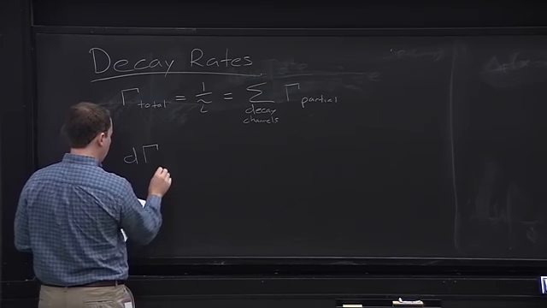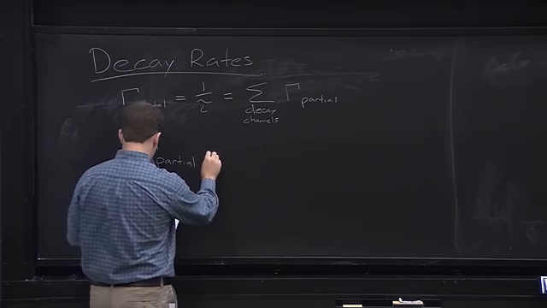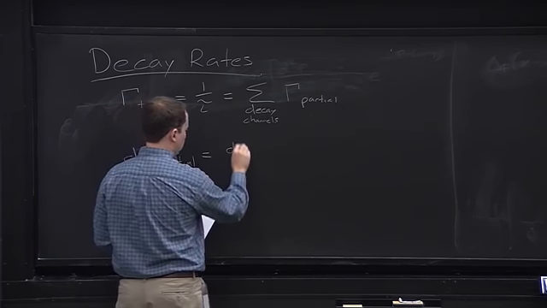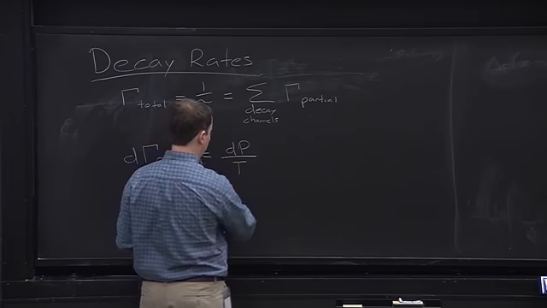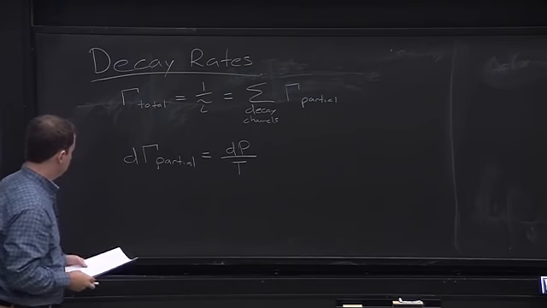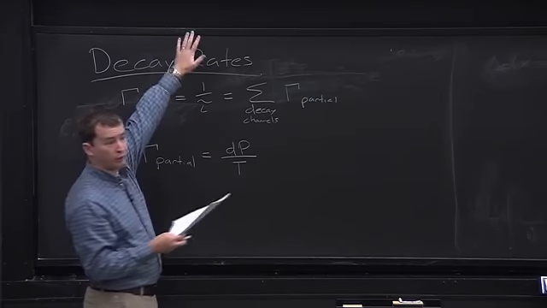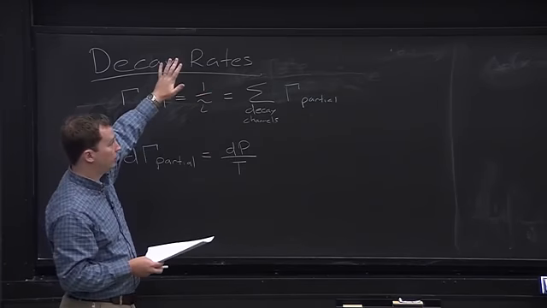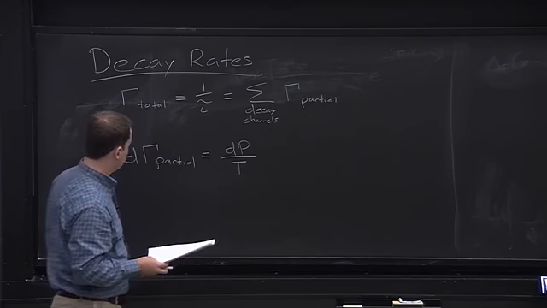So the differential partial decay rate should just be the differential probability over the time. Most of our work before in calculating the cross-section was in computing the differential probability.